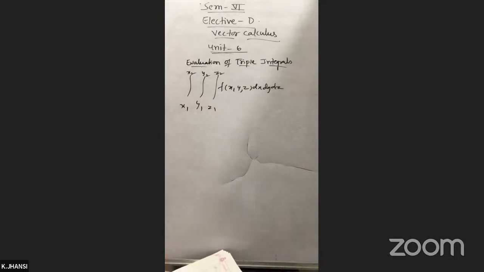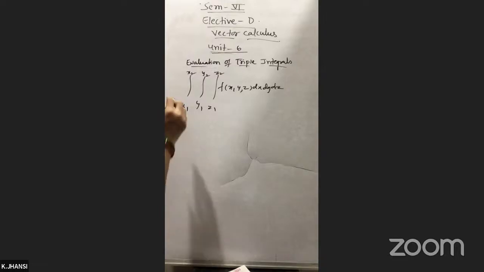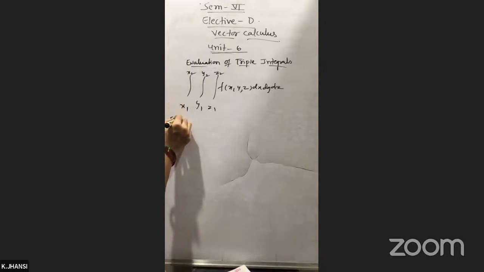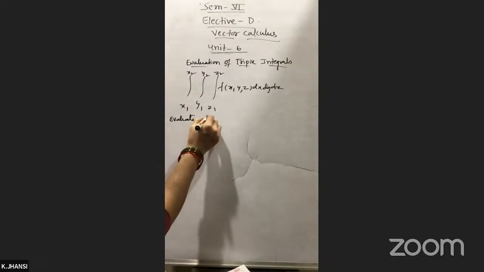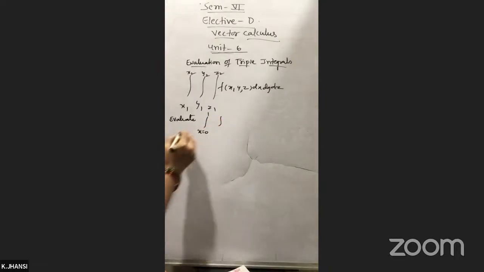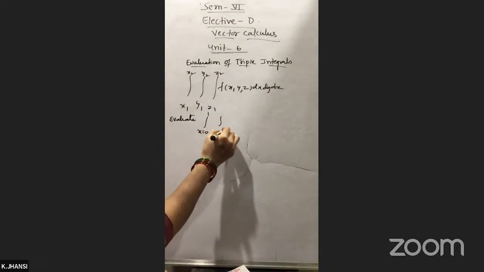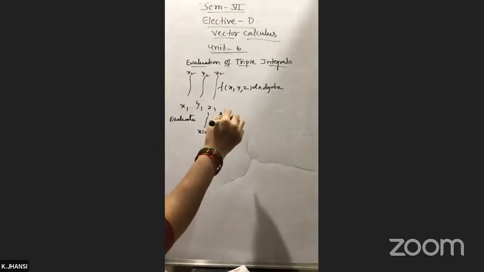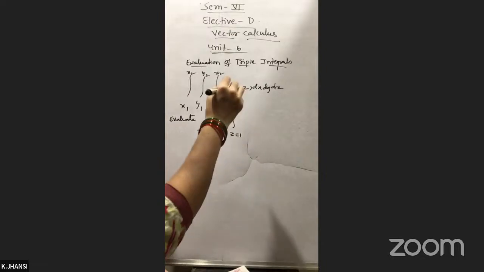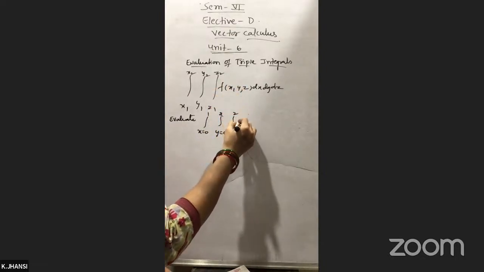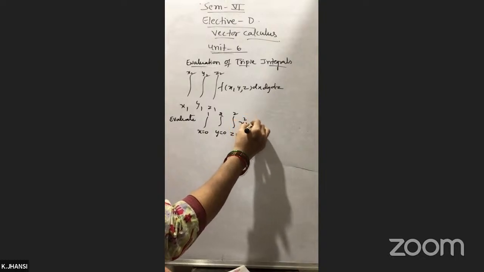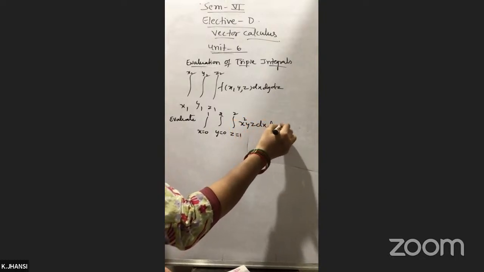Now we see one problem. Like this, only constants can also be given. Evaluate x equals 0 to 1, y equals 0 to 2, and z equals 1 to 2, x square yz dx dy dz.